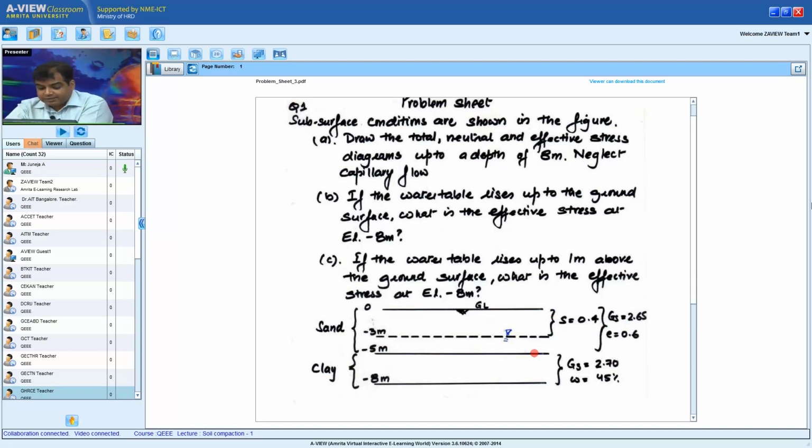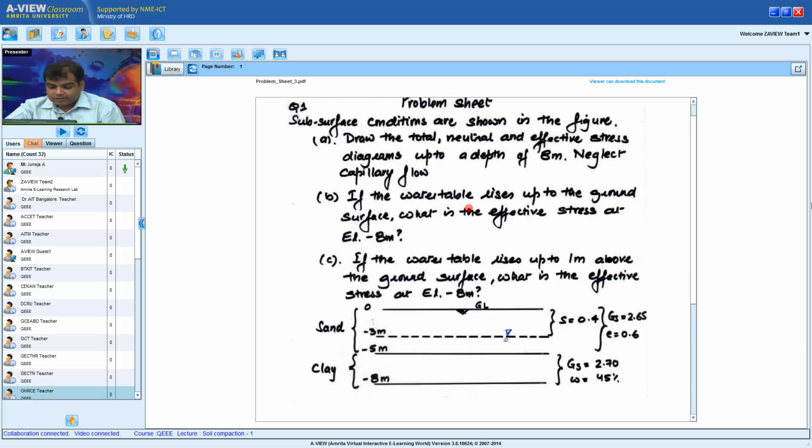Specific gravity of the sand from surface to 5 meters is 2.65, and the void ratio is constant at 0.6. From 5 meter to 8 meter depth you have clay. Again, specific gravity and the water content are given. Remember, below the water table, both these soils should be saturated.